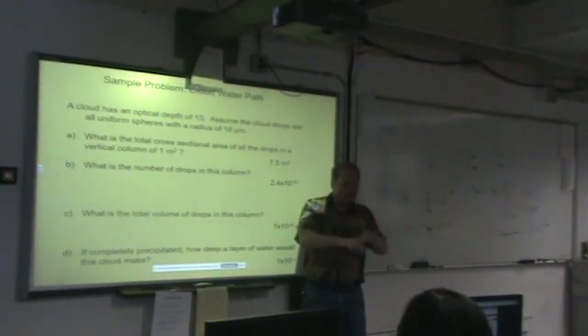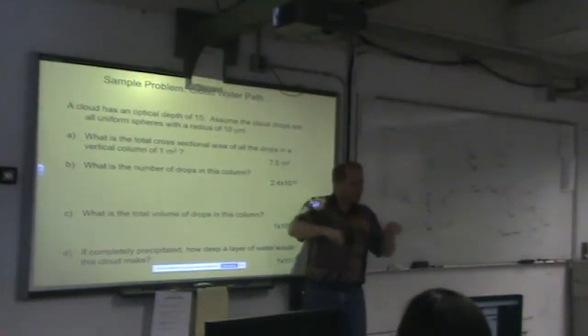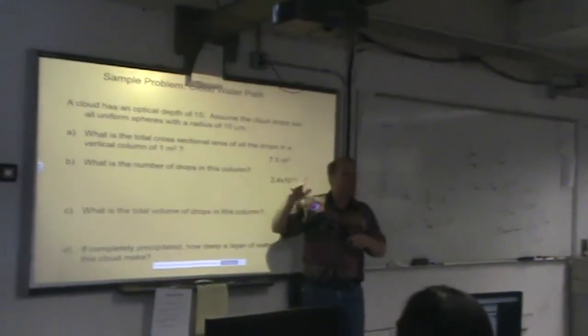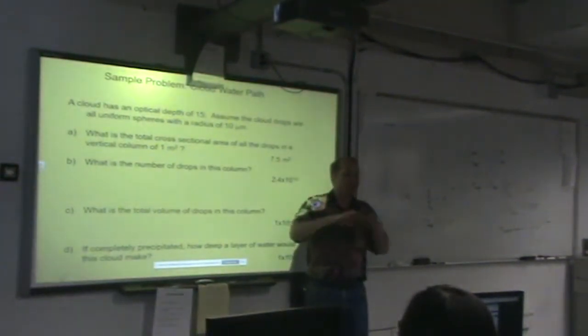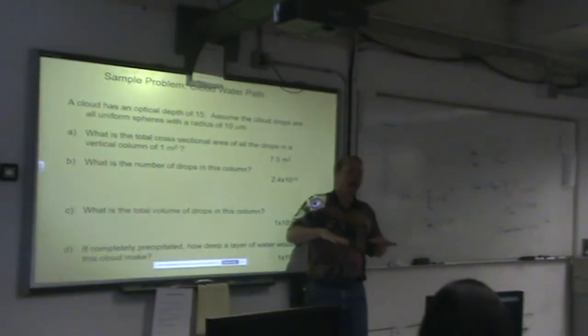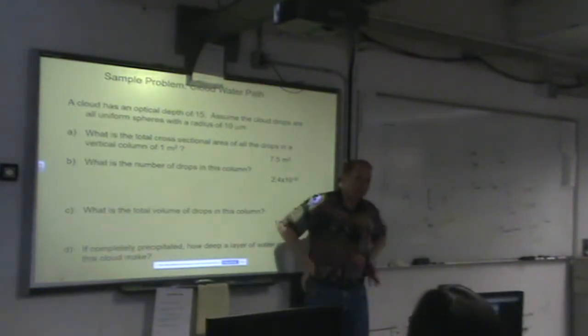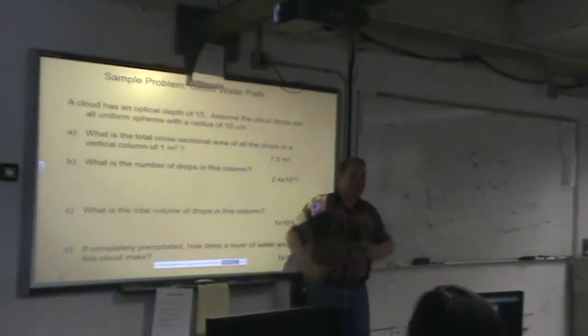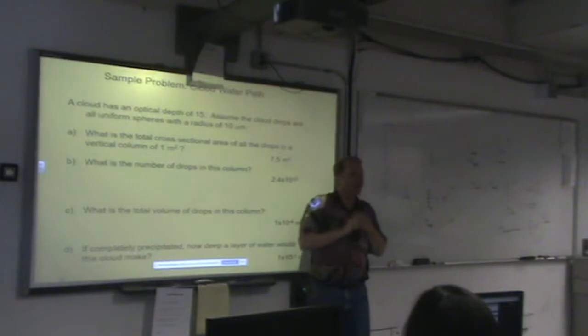Optical depth of 1 means you completely fill up the area. Optical depth of 2 means you fill up the area twice. Optical depth of 15 means you fill up the area 15 times. However, I told you that it actually affects twice the area. So, geometrically, I only need 7.5 square meters to produce the same effects of a cross-section of 15.